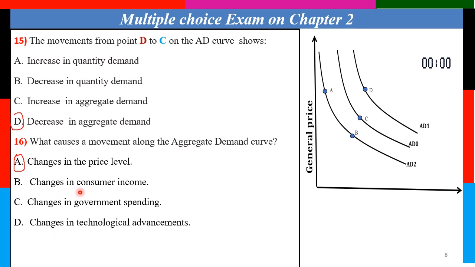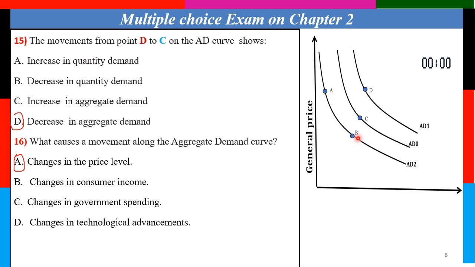The price level makes the aggregate demand curve. We can move on the same curves, either downward or upward, when the price is what? Changed. Movement along the aggregate demand curve caused by the price, not the consumer income.